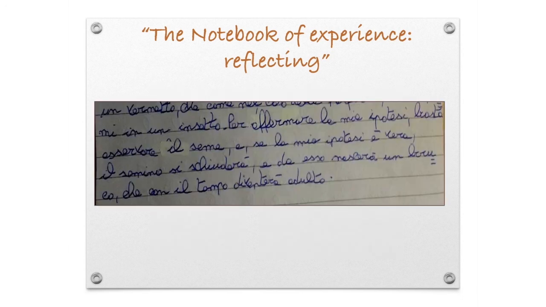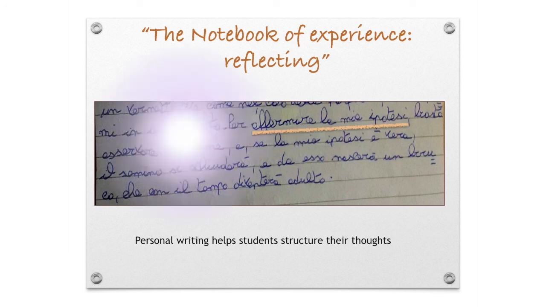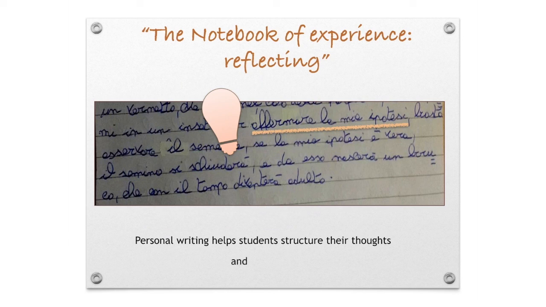Thanks to writing down their ideas, the students can reflect on what they have done, and this is very useful to structure their thoughts. It will also help students to think about new questions that before the experiment and before their reflection were not in their mind.